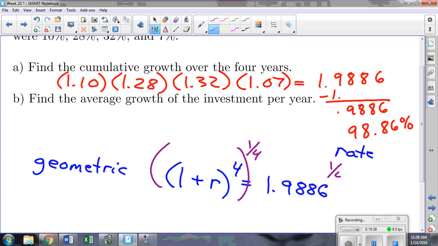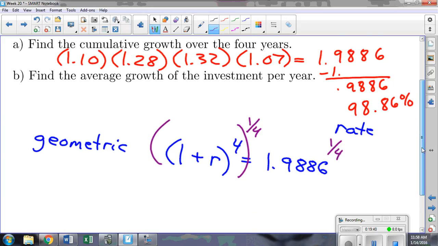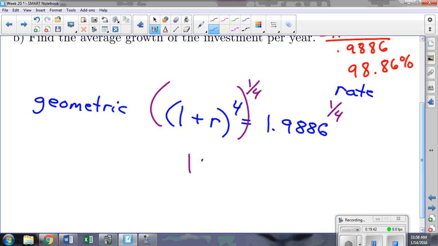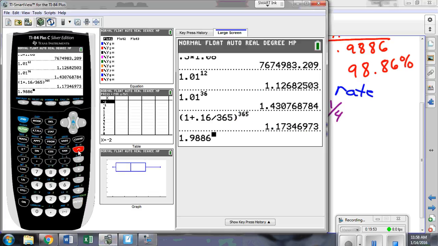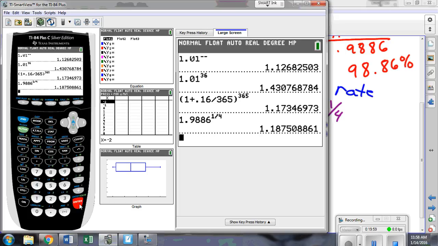And we will take the 4th root, giving us 1 plus r equals, and we'll have to go to our calculator for this one, 1.9886 to the 1/4 power tells us 1.1875.